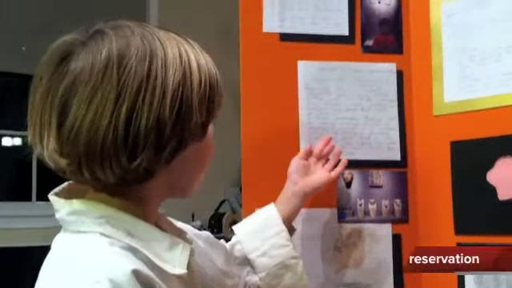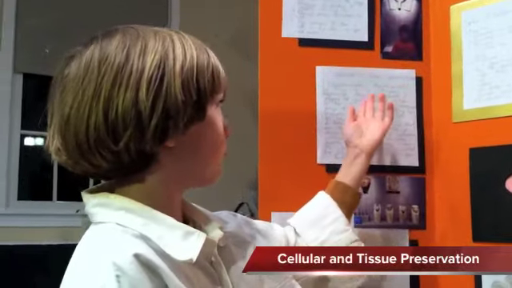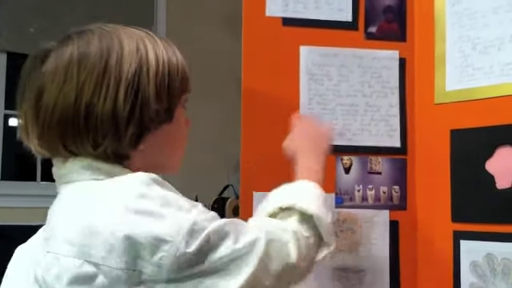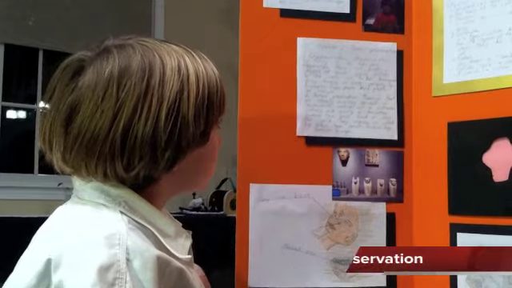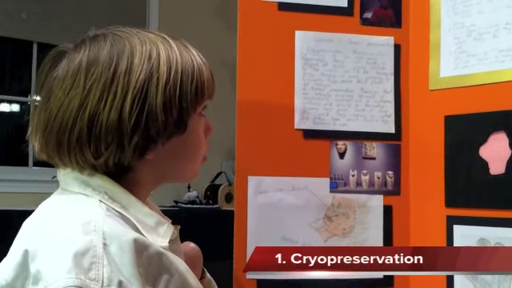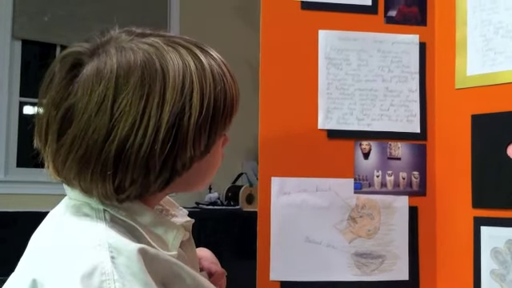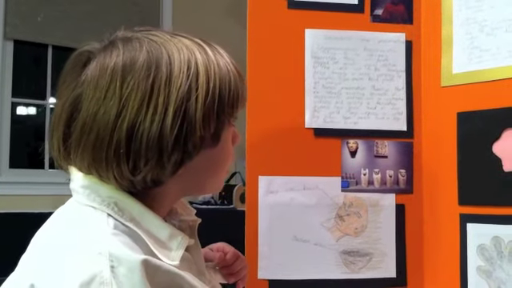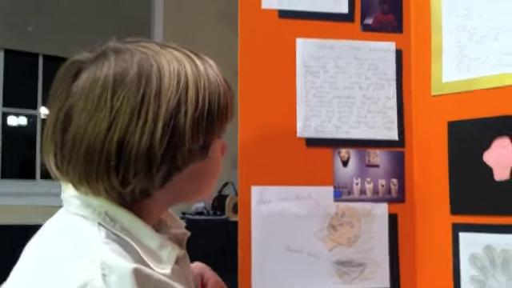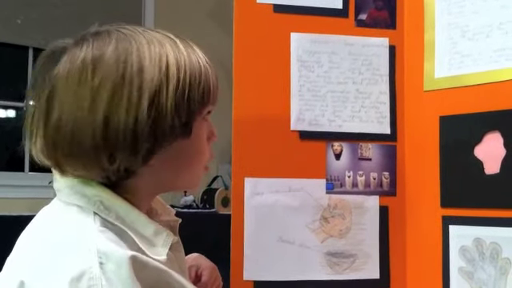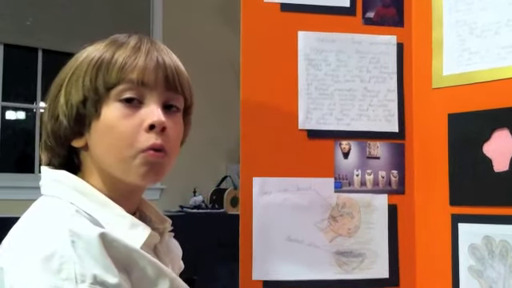My main topic is cellular and tissue preservation. There are 2 ways. One is cryopreservation, by cooling to low sub-zero temperatures. Here cell death is stopped, but it needs special solutions for the cells not to be damaged during freezing or warming up.